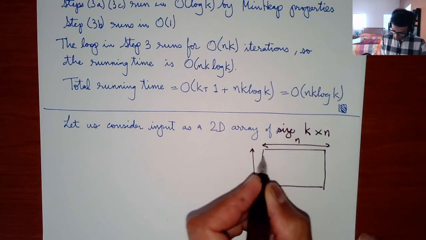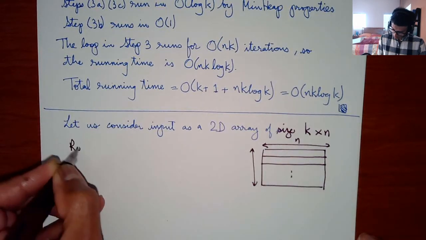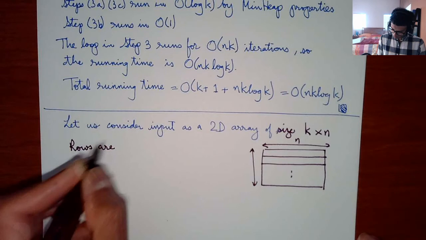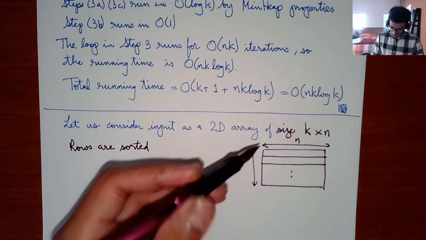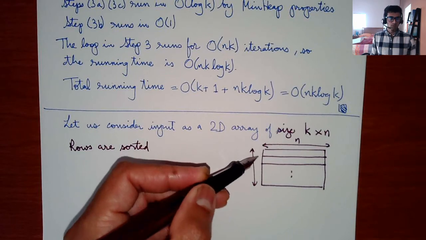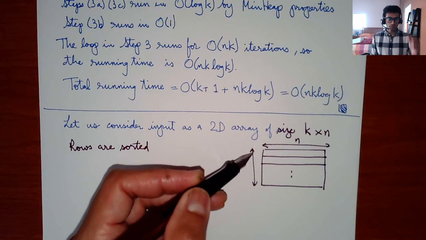Each of the rows is sorted. So what was the strategy that was suggested? It says, take the first row and the second row, merge them. Then merge it with the third. Then merge it with the fourth, so on and so forth.